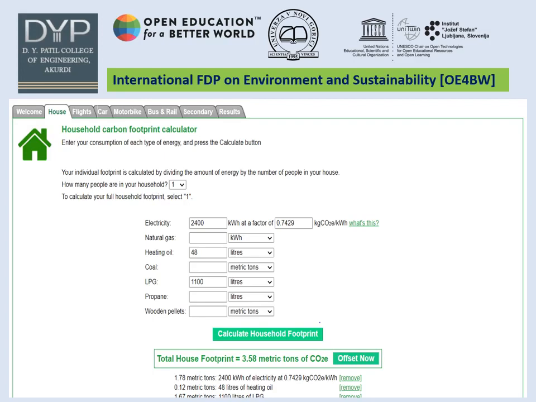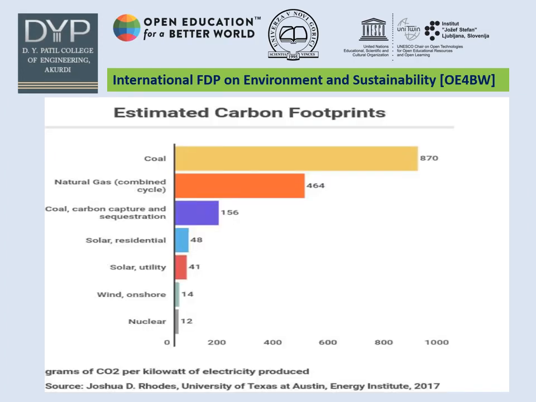So the total house carbon footprint is 3.58 metric tons of carbon dioxide, wherein just because of electricity usage, the carbon dioxide produced would be 1.78 metric tons. The estimated carbon footprints are because of different usage of different resources like coal, natural gas, solar, residential.